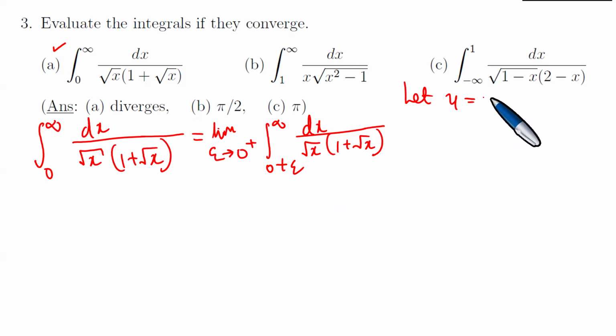You let u be 1 plus the square root of x, so du is 1 over 2 root x dx.